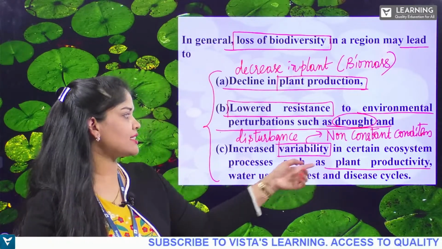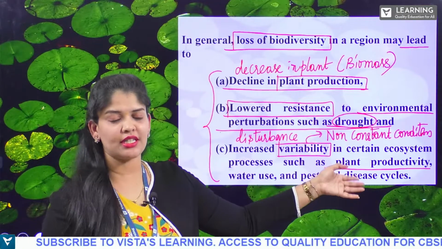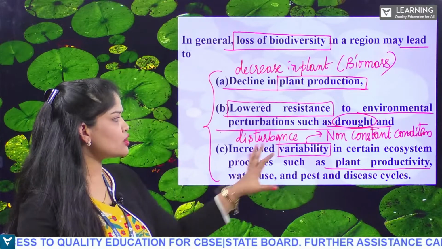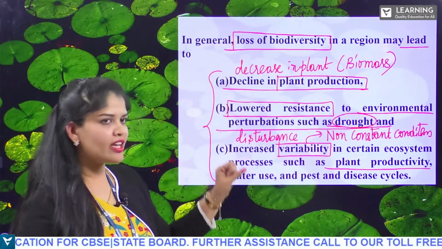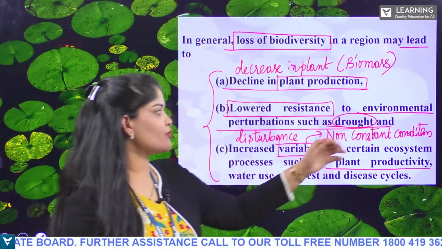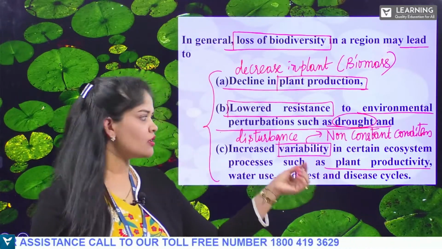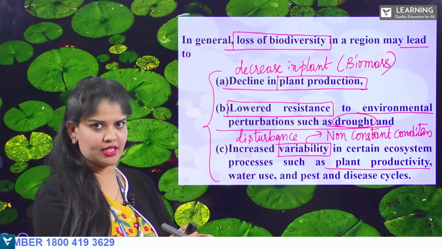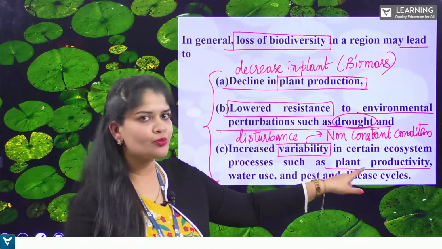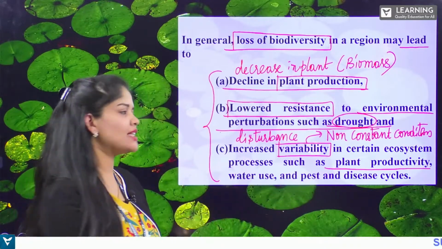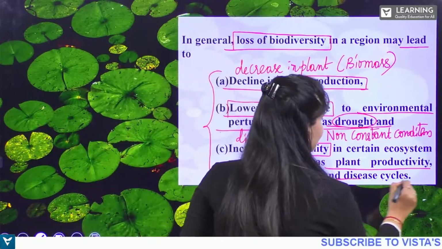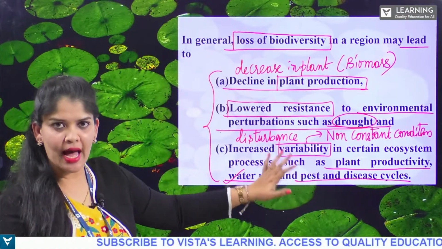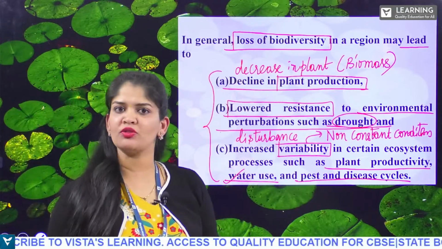That is what we call plant productivity, and also water use. That means the favorable abiotic factors coming from the ecosystem are variable, changes are happening. And these changes will show their effect in plant productivity, water use, as well as pest and disease cycles. All these are the consequences that are going to happen in the case of loss of biodiversity.